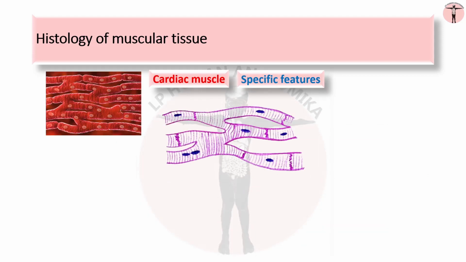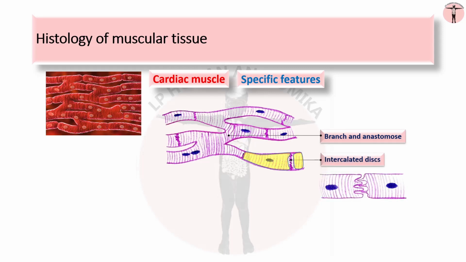The structure of cardiac muscle is the same as in skeletal muscle, both structurally and functionally, except for a few differences, as follows. Cardiac muscle branches and anastomoses with neighboring fibers. Between the adjacent cardiac fibers, there is a junctional complex called intercalated discs. Each fiber has one or two nuclei in the center.